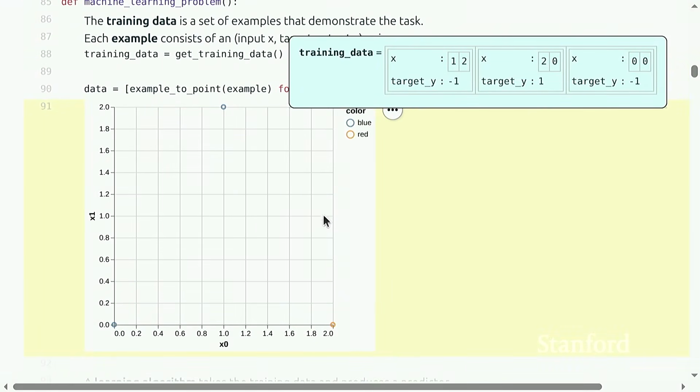Points are easy to visualize in 2D. So I have a positive point here and 2 negative points here. Usually you would do machine learning with way more points, but this is just an illustrative example. Okay, so that's the training data.